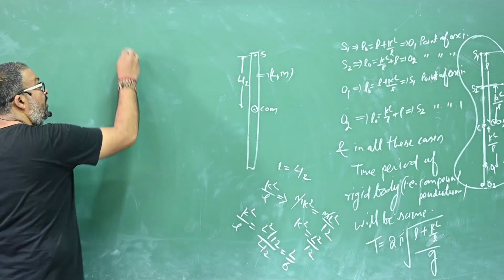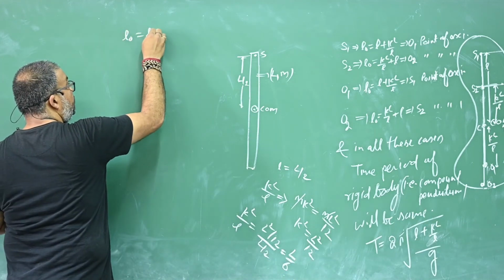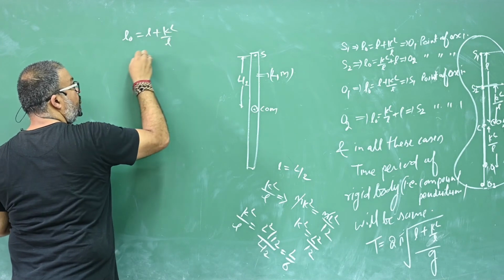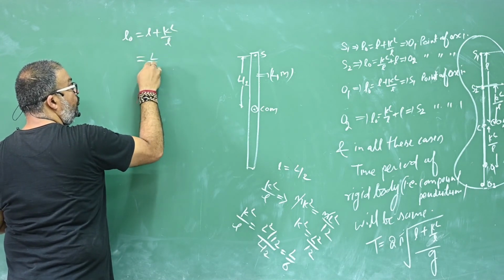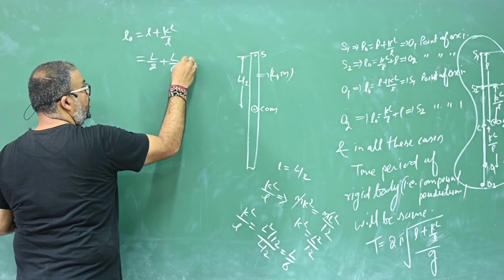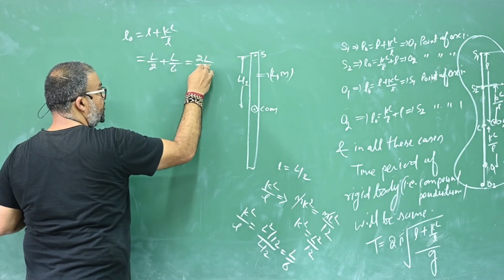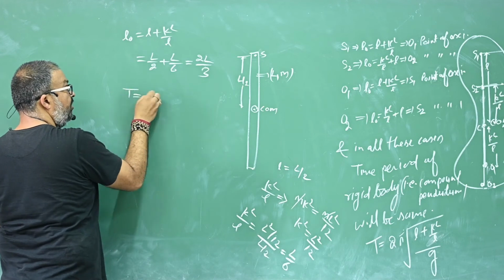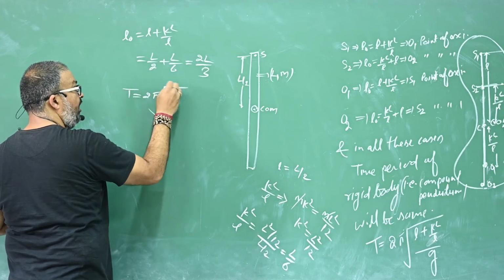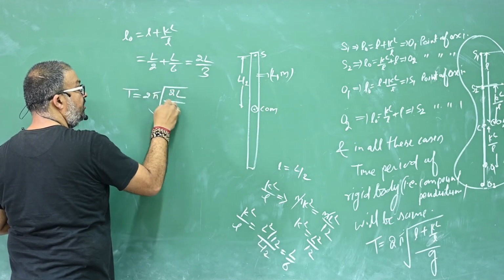Now find the equivalent length. L naught equals l plus K square by l, which is L by 2 plus L by 6. When you add these, it will be 2L by 3, and the time period will become 2 pi square root of L naught upon g, where L naught is 2L by 3.